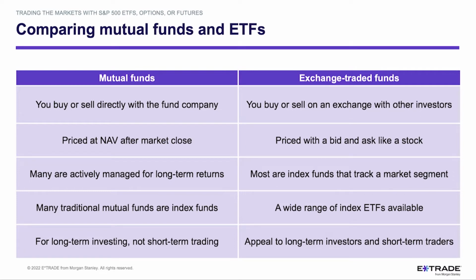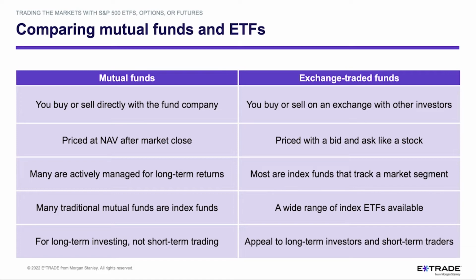So there are other participants out there. It might be an individual investor or trader who's selling their shares. Could be an institutional trader or an investor. So mutual funds directly with the company, exchange traded funds or ETFs on an exchange.